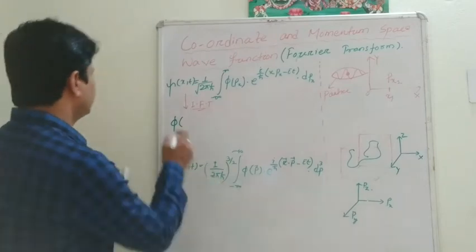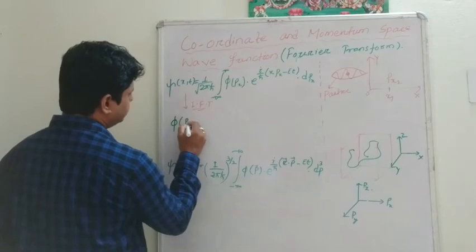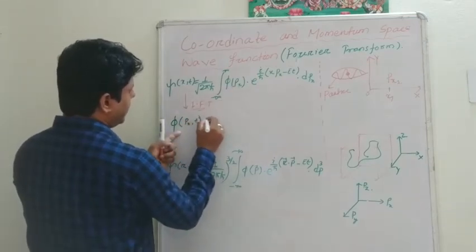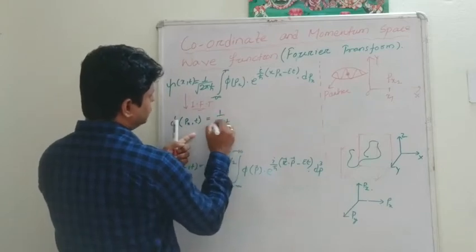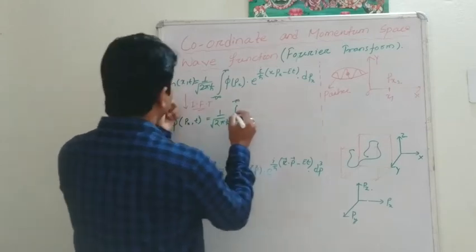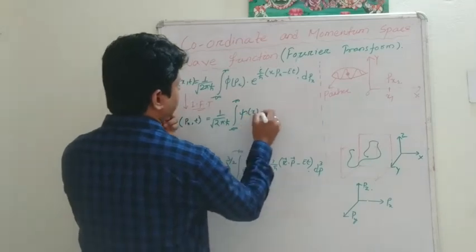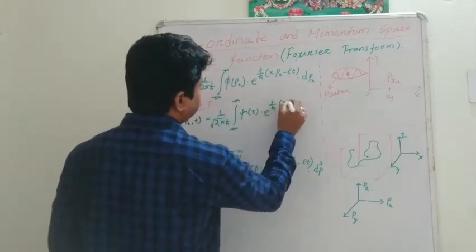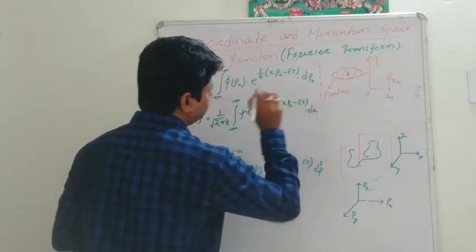Okay, so phi of p, x and t, will become over here and it will be 1 by root of 2 pi h cross, integral from minus infinity to infinity. The psi will come over here, psi(x) into e to the power i by h cross (x px minus Et) into dx.